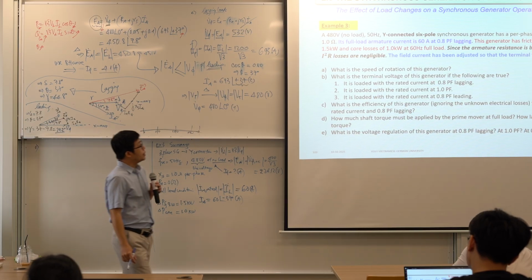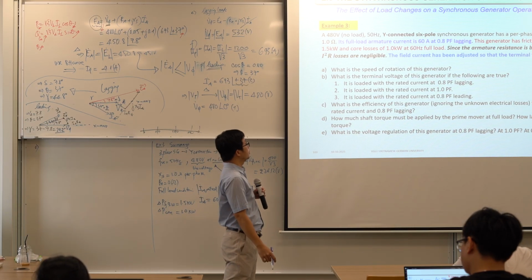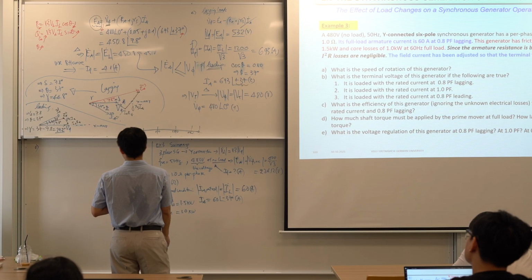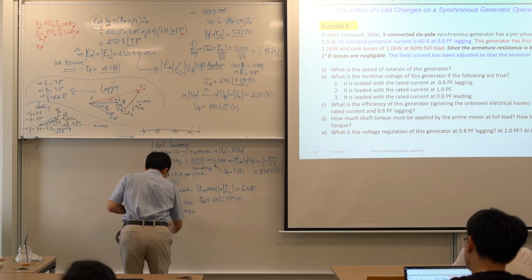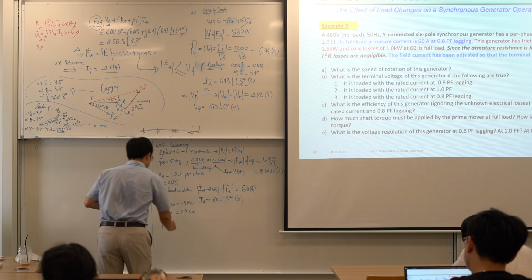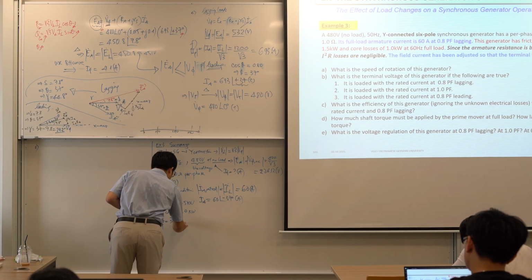Yeah. What is the speed of rotation of this generator? To calculate speed, we need the number of pole pairs. So pole pairs is 3. Yes.